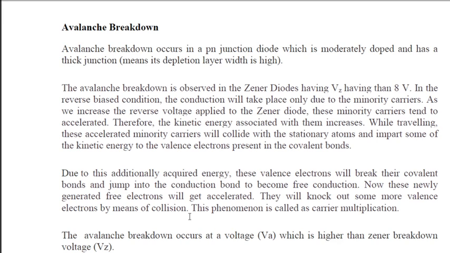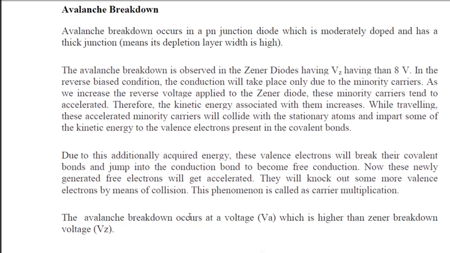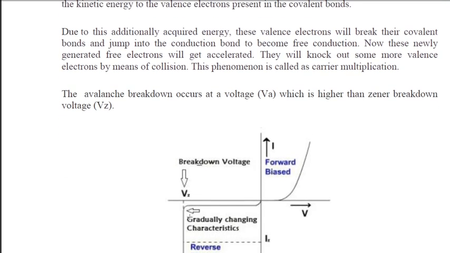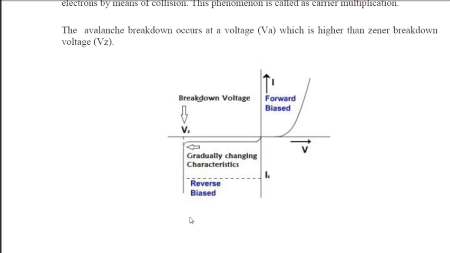The one or two electrons released in this way are further accelerated in the electric field, and they keep on colliding with neighboring atoms, and more electrons are released. This process is called carrier multiplication. If you plot the curve, you can see that it is sharp, but not as sharp as the Zener breakdown.